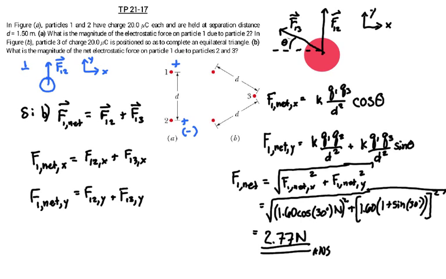I square both those terms, add them together, take the square root, and the result is 2.77 newtons. So if you knew the mass of our point charge here, then you could calculate the acceleration of that particle as it goes off into space because of particle 2 and particle 3.